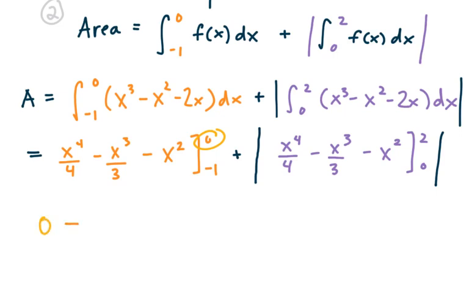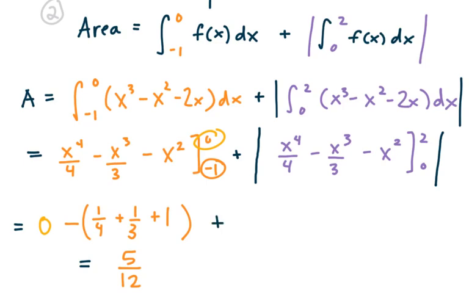Then I have minus. We'll plug in negative 1. Negative 1 to the 4th is positive 1 over 4. Minus negative 1 cubed is negative 1, but minus a negative 1, we get plus 1/3, and then that would be plus 1. So when I add these together, I end up with 5/12. So I have 5/12 for my first portion of integration.